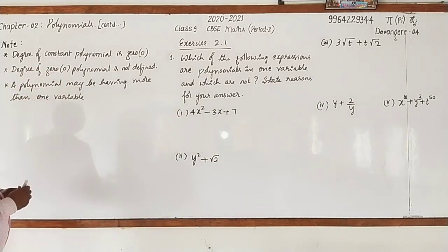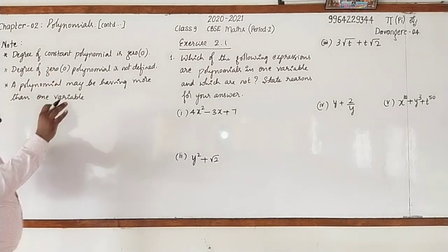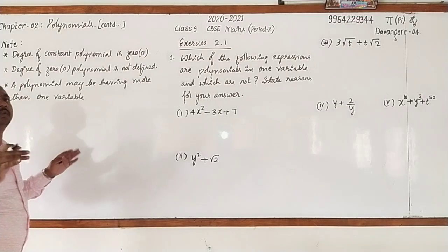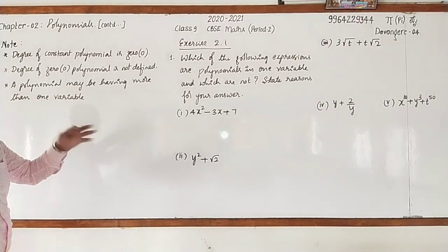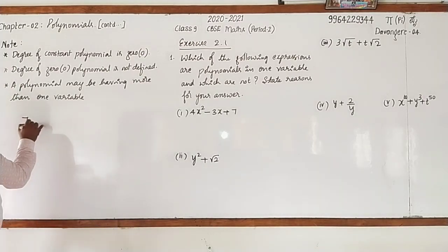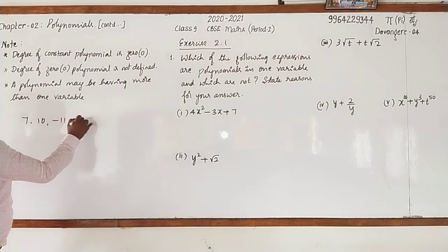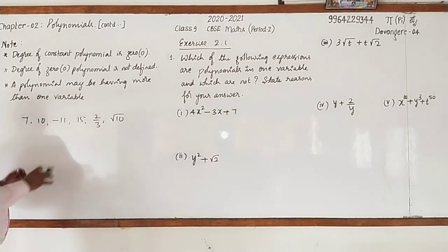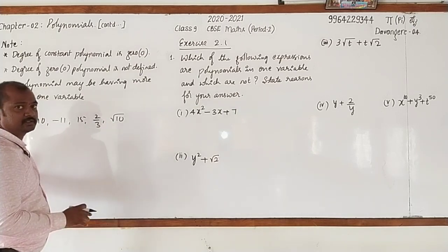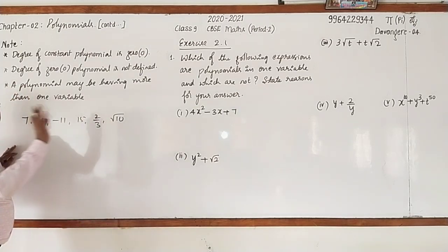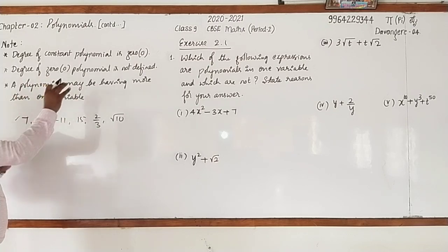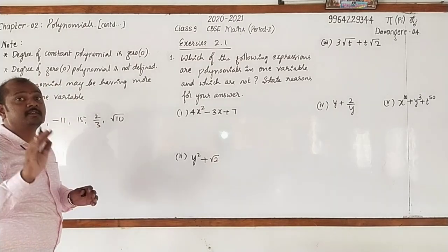Just observe here. The degree of a constant polynomial, we are very familiar with that. It is 0. Constant polynomial means, except 0, you can take any number like 7, 10, minus 11, 15, 2 by 3, root 10. They are all constant polynomials. Their degree is 0, right? Then another one: the degree of the 0 polynomial is not defined.